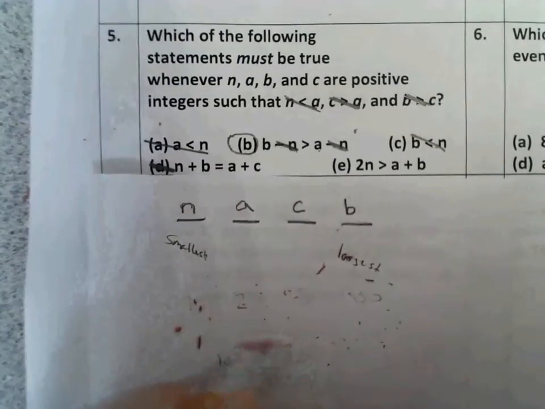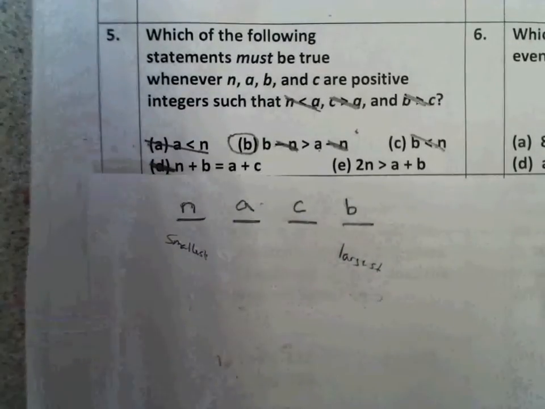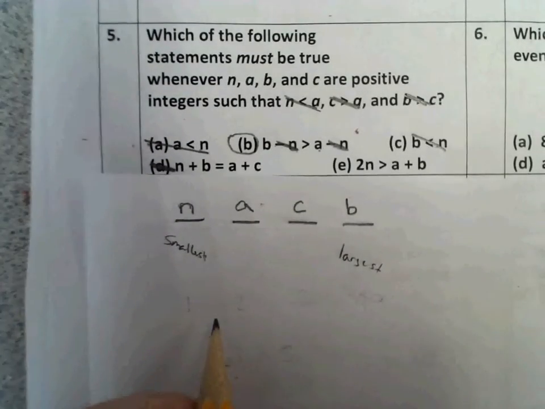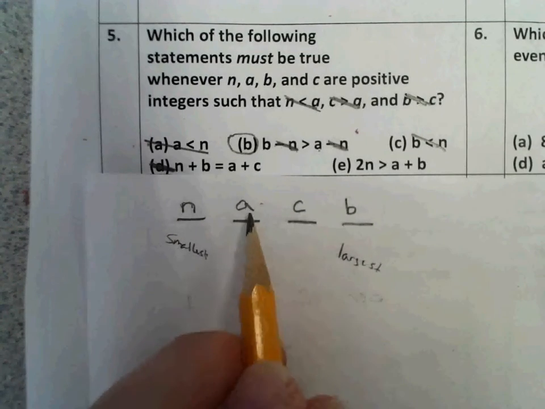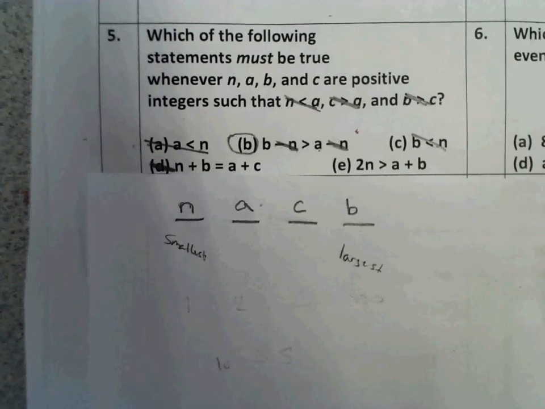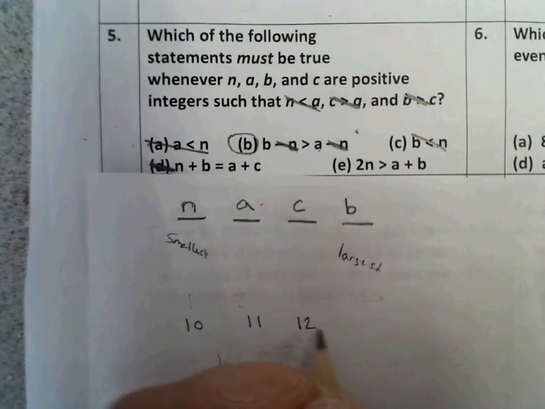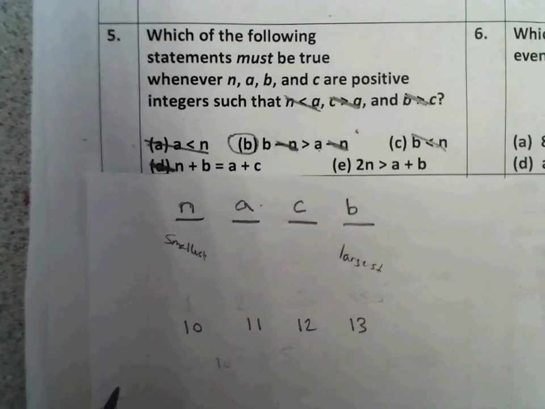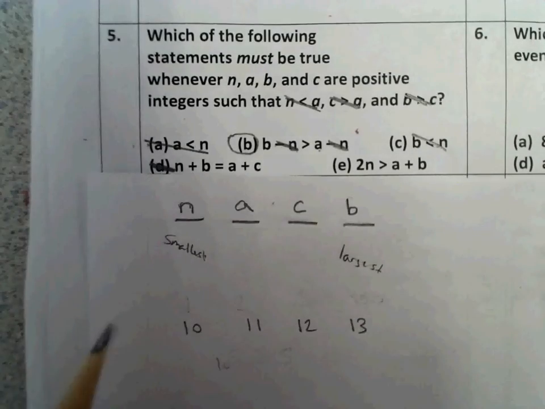And then last one, 2n is greater than a plus b. So if you take the smallest number and you multiply it by 2, it has to be bigger than a plus b. And again, there's probably a situation where that's true. Let's say, what if n was 10, a was 11, c was 12, and b was 13? Well, no, even then it wouldn't be true.